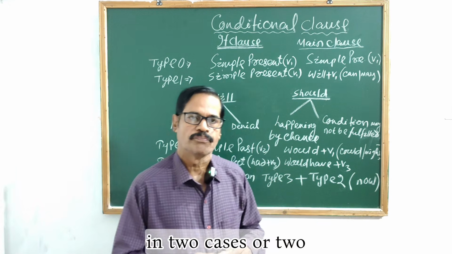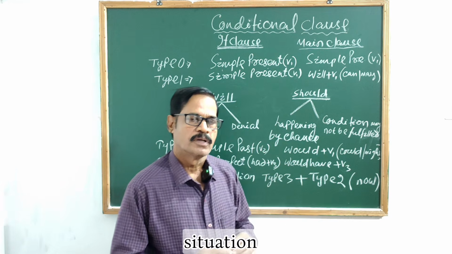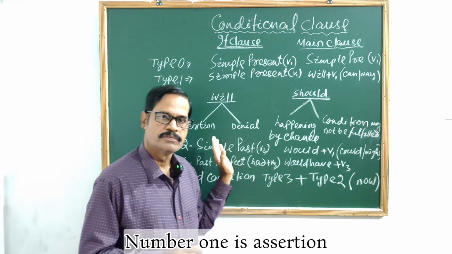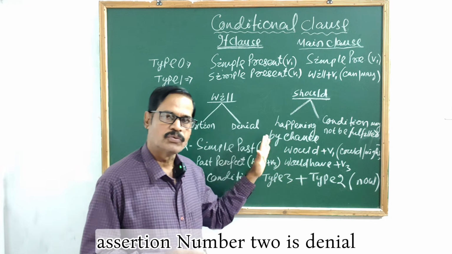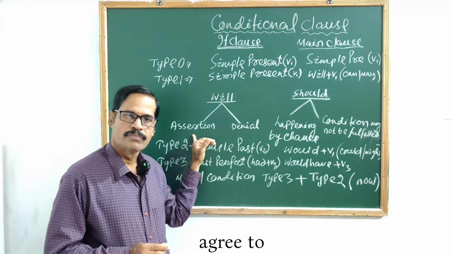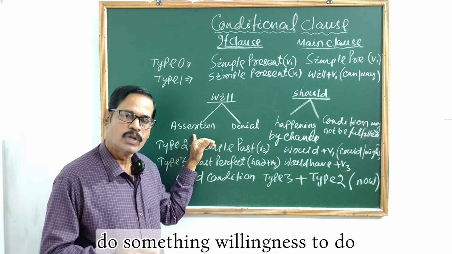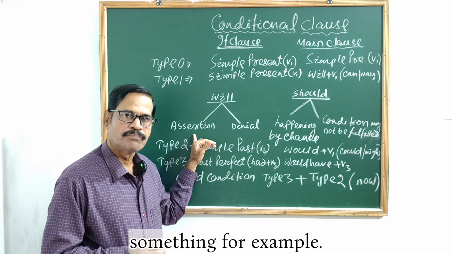Will is used in two cases or two situations. Number one is assertion. Number two is denial. Assertion means agree to do something, willingness to do something, giving your consent to do something.